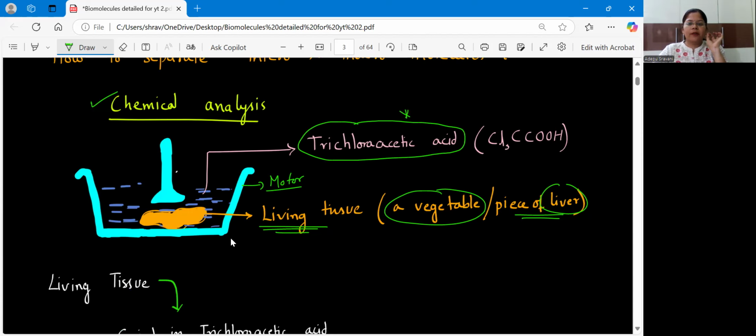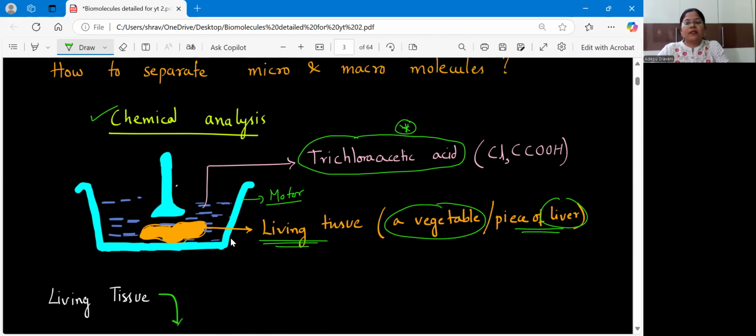Very, very important. And the molecular formula of this trichloroacetic acid is also very important in the exam. Usually the questions will be asked like, what is the chemical which we use during chemical analysis along with the living tissue? So the answer will be trichloroacetic acid, that everyone knows. But there, they will confuse you with the formula.